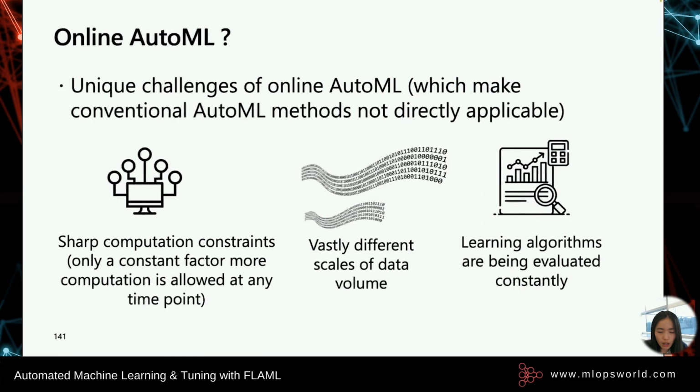And finally, the learning algorithms are being evaluated constantly, which is obviously not the case in a typical offline learning setting, where people just use the final performance on a test dataset to assess the quality of the hyperparameter. This online performance evaluation brings critical new challenges to online AutoML because it means, in addition to the computation price of tuning, we also need to pay for the learning price for trying different hyperparameter configurations.